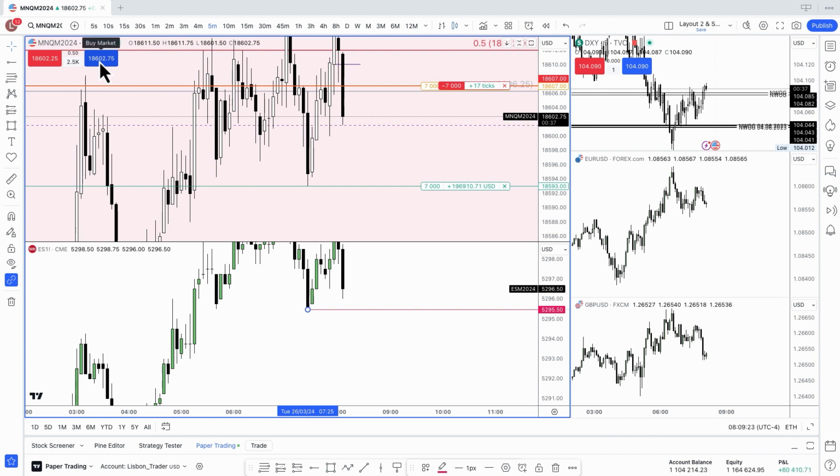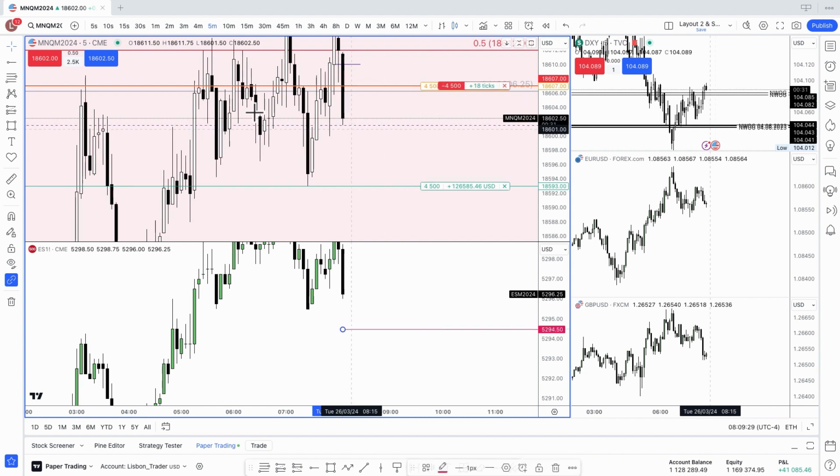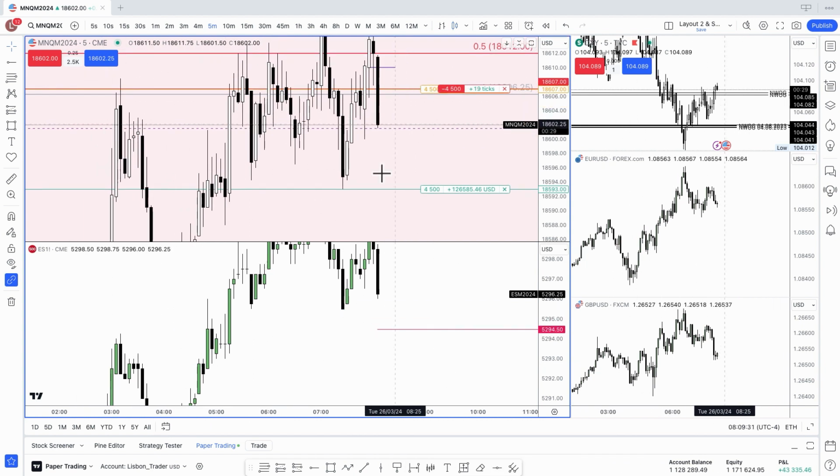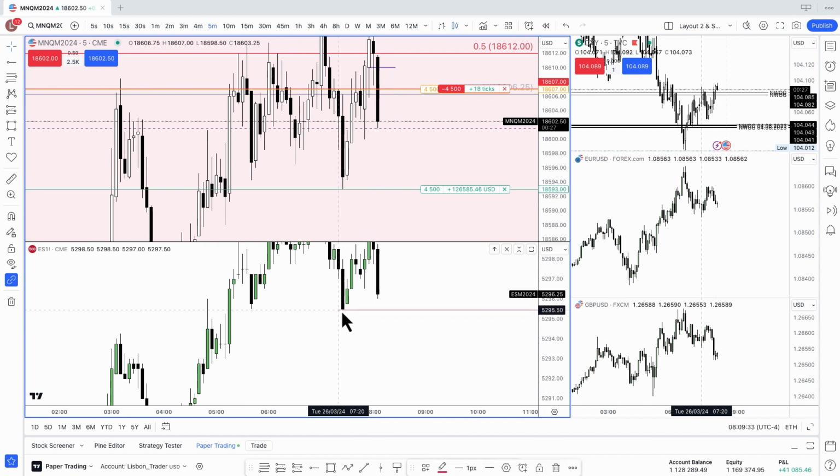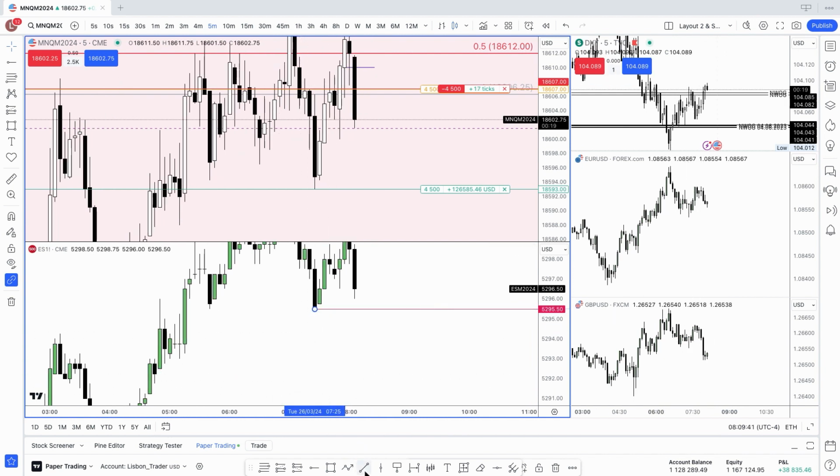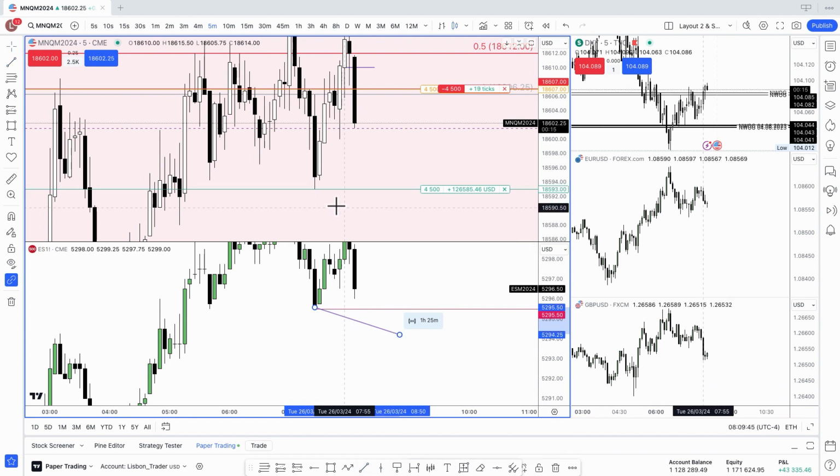Putting something into profits to recover this account. 69. So they might want to do SMT divergence. So something similar to ES doing this while NQ doing this.